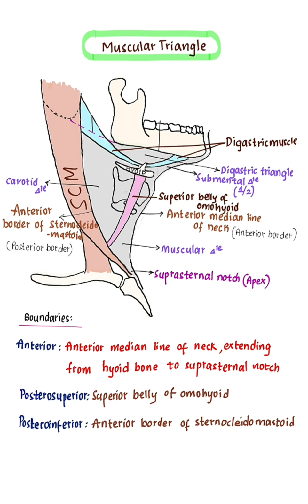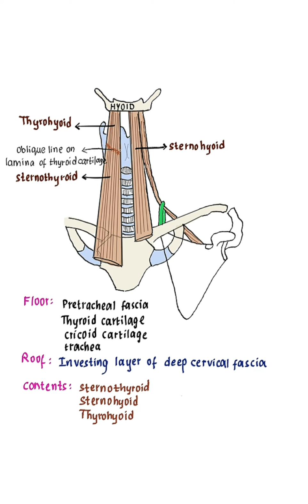Posterior inferiorly, anterior border of sternocleidomastoid. Floor, it is formed by pretracheal fascia, thyroid cartilage, cricoid cartilage and trachea. Roof, it is formed by investing layer of deep cervical fascia.